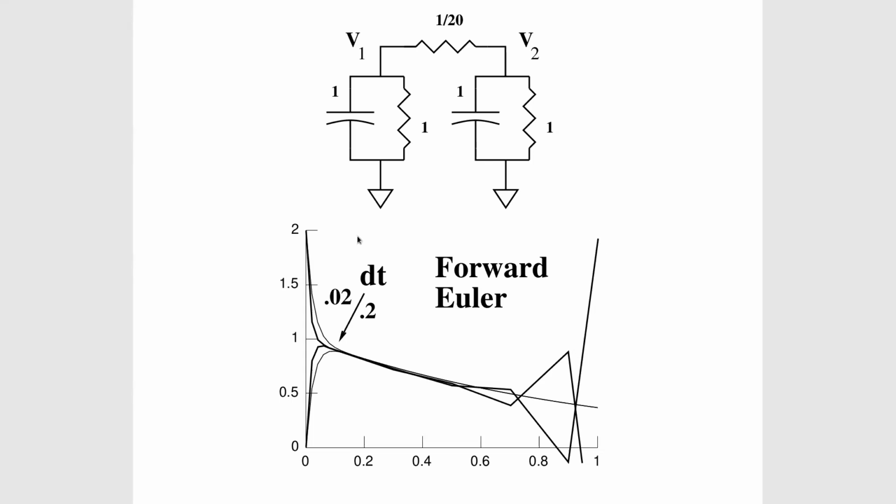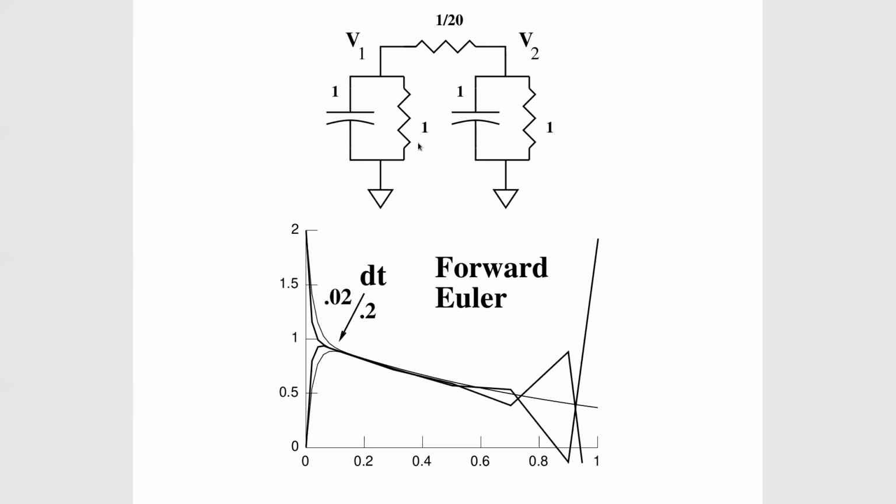Well, what's going on here is that we're using this forward Euler method to solve a set of equations in which the fastest time constant is much smaller than our time step. Okay? The slowest time constant is obviously 1 millisecond.